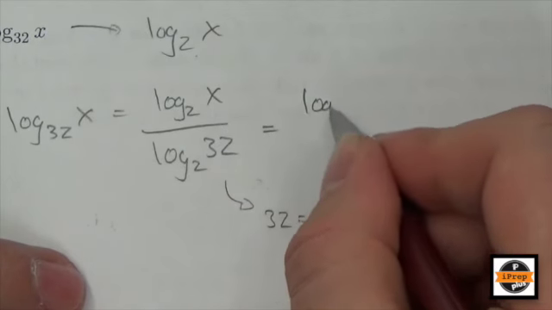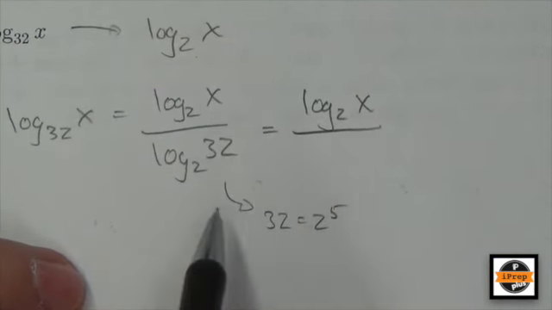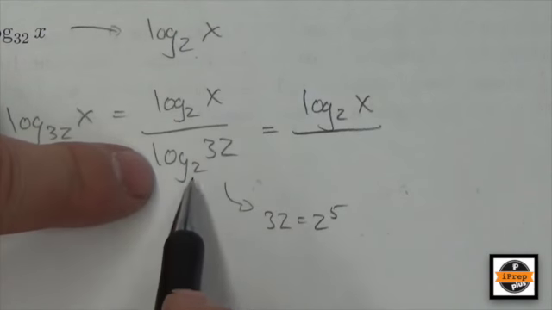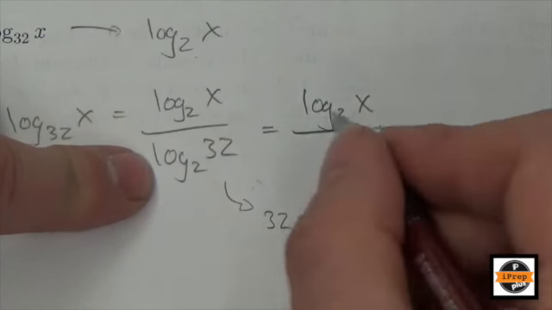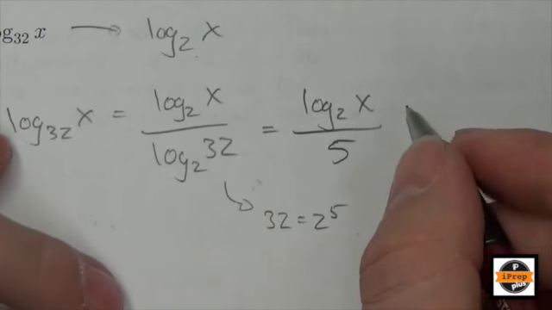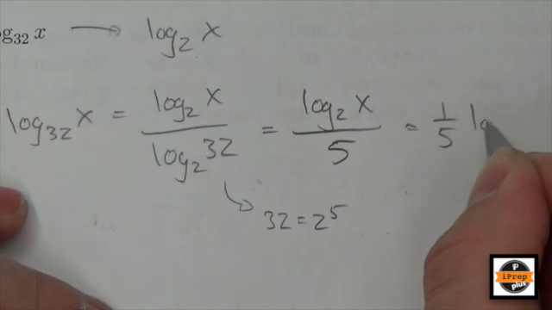So there's really nothing I can do with my numerator. That's fine. But remember what a logarithm does here. This is log base 2. Well, I was able to write 32 as a base 2, so as a result, the logarithm is just going to give me the exponent. And so dividing by 5 is the same as multiplying by 1/5.